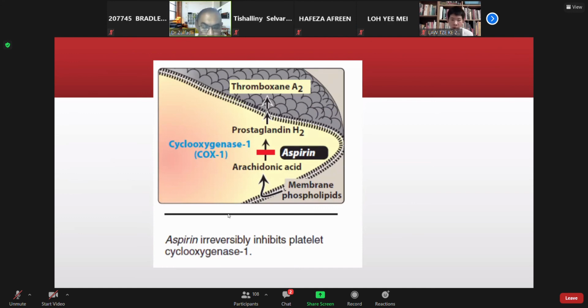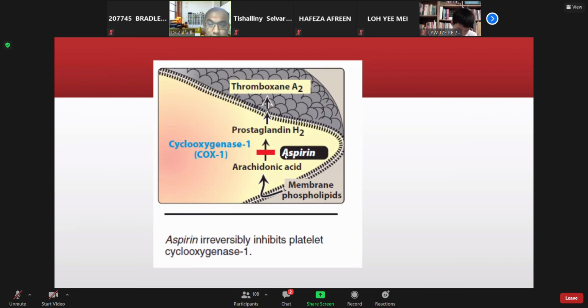This diagram shows how the aspirin inhibits the platelet COX-1. When the platelet is activated due to vascular injury, the arachidonic acid will produce prostaglandin H2 with the help of the cyclooxygenase 1 enzyme, COX-1.